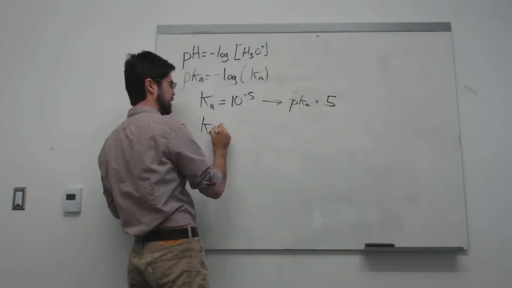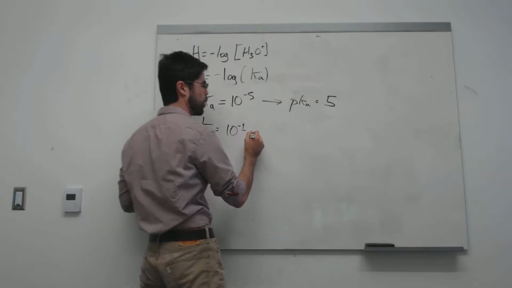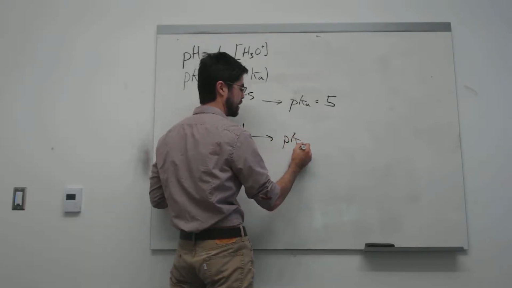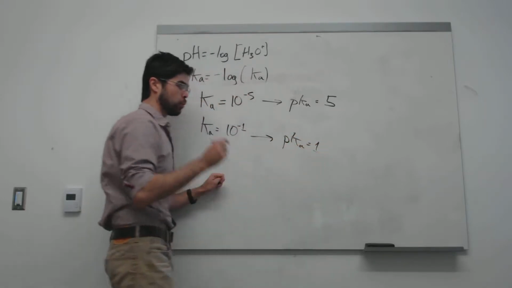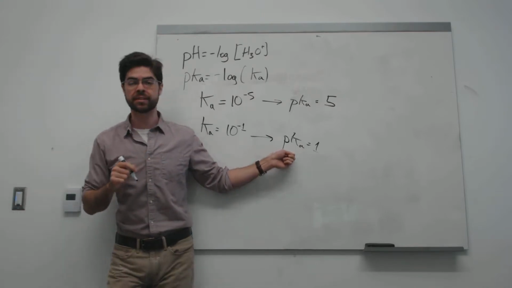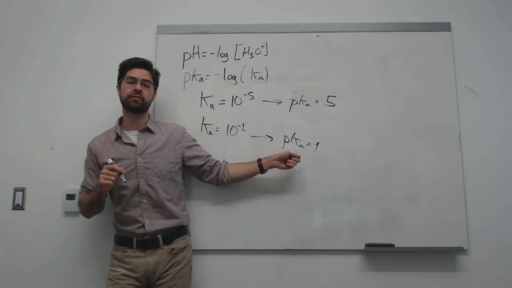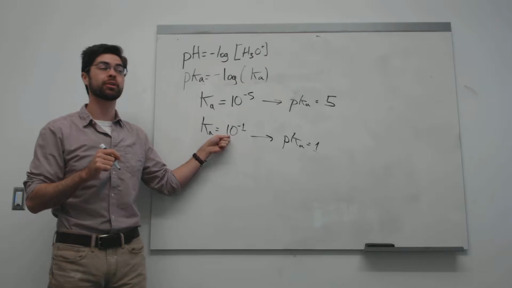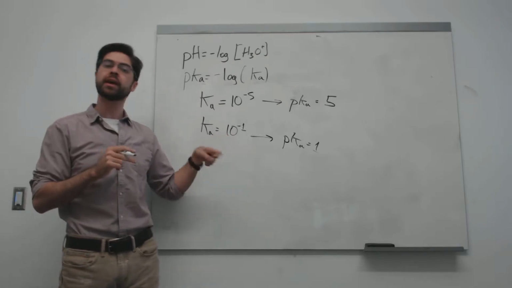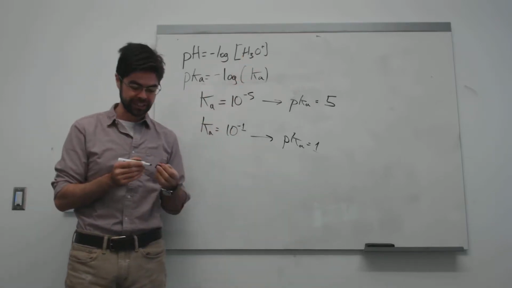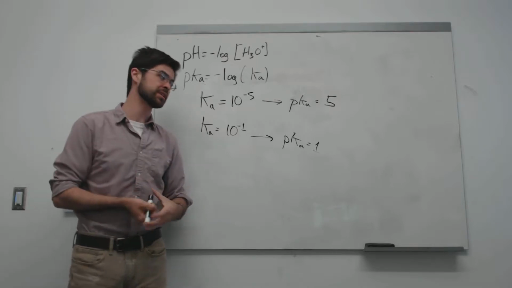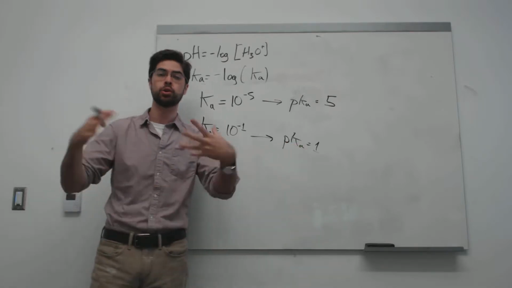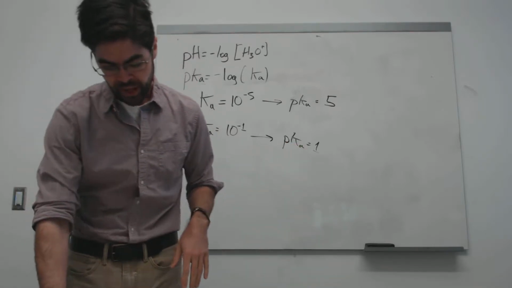If your Ka is 10 to the negative 1, then you have a pKa of 1. And so generally acids that have lower values of pKa have higher values of Ka. They go more to completion than other acids, and so we say if you have a lower pKa, you have a stronger acid.